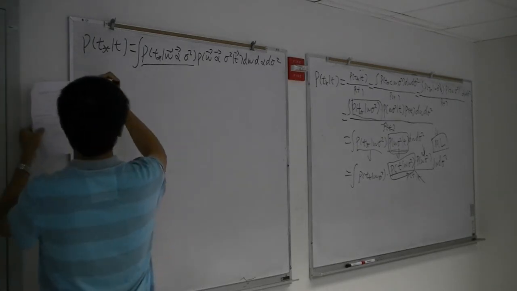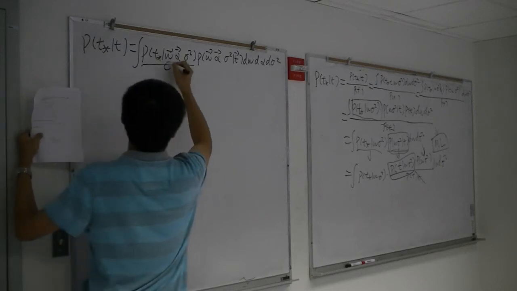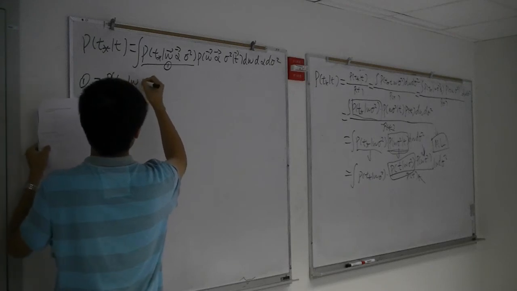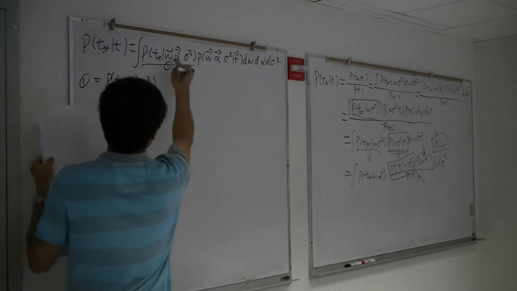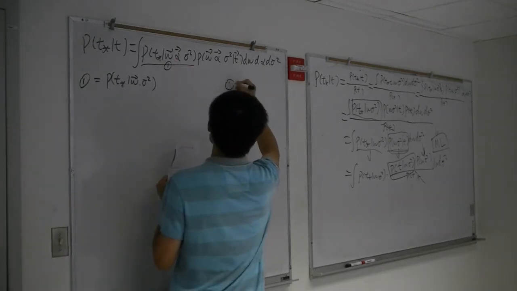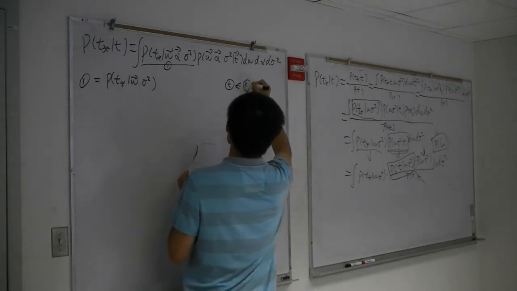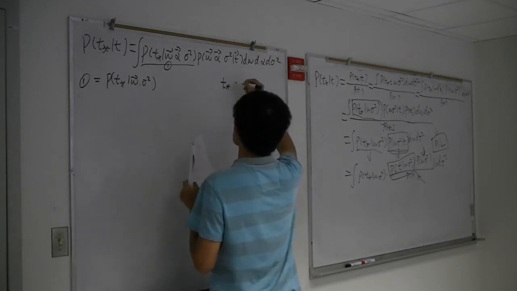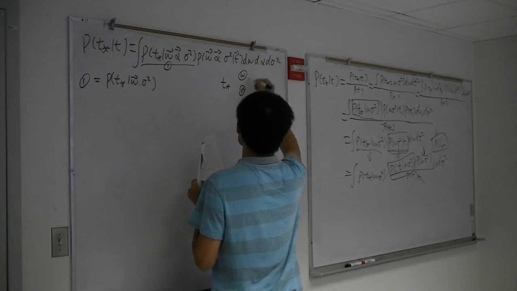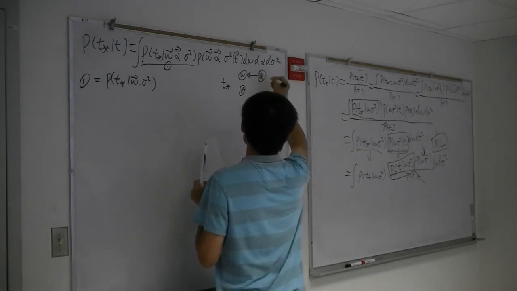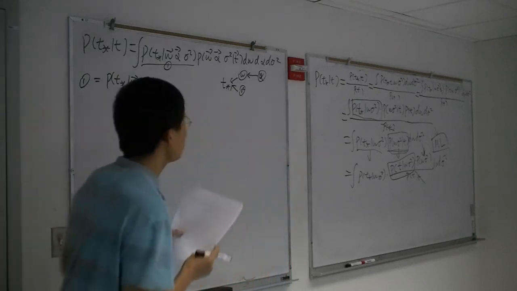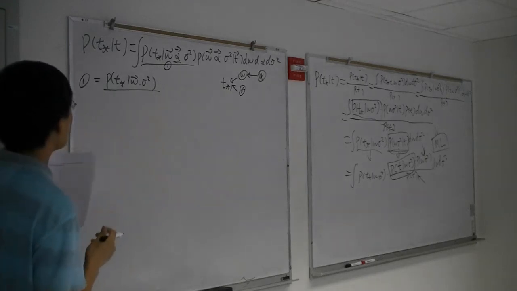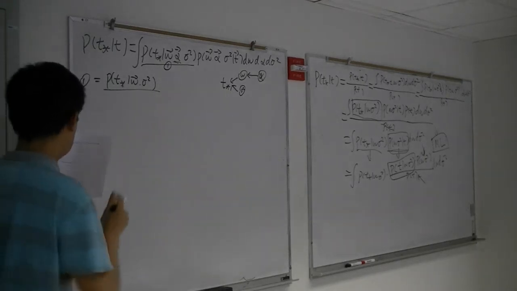It's just equal to, according to the Markov property, here T is the target. We can get rid of alpha from this conditional probability.